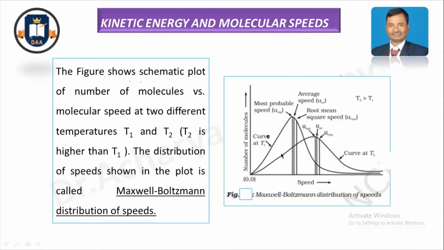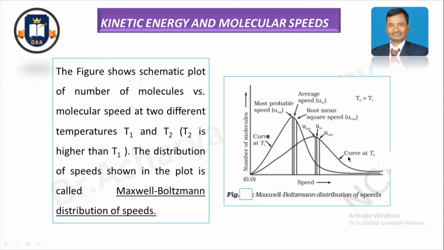You can see the two curves in respect of T1 and T2 temperature. For T1, the curve goes up and then sharply goes down. The horizontal x-axis denotes the speed and the y-axis denotes the number of molecules.